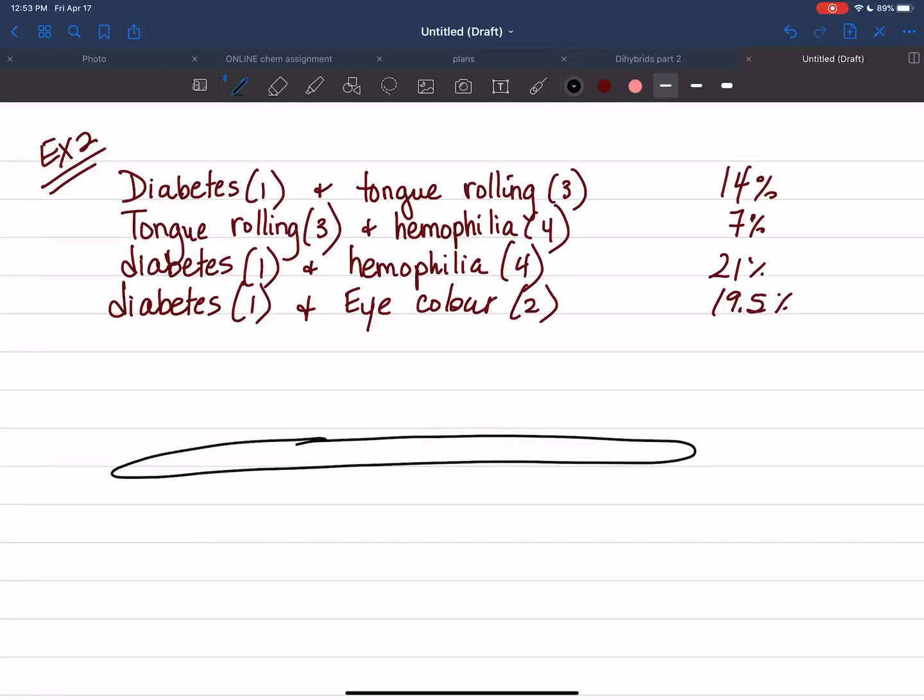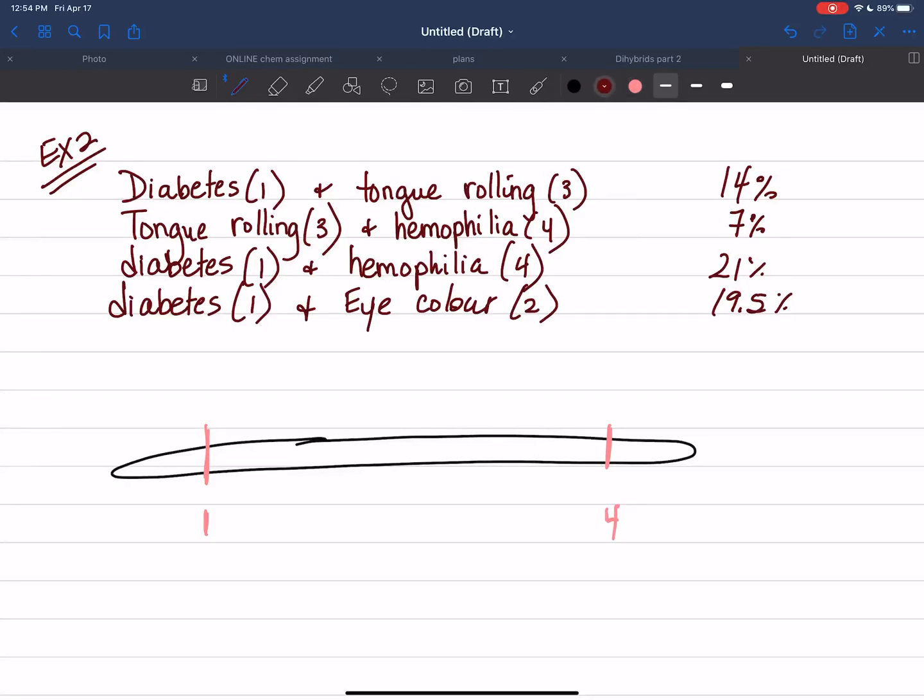You pause the video, and what we said is we're going to start with the 2 that are the furthest apart. So the 2 that are the furthest apart are diabetes and hemophilia. Okay, so I'm putting those on there. Next, we said we need to move our way in. The next ones we have, 19.5, is diabetes and eye color.